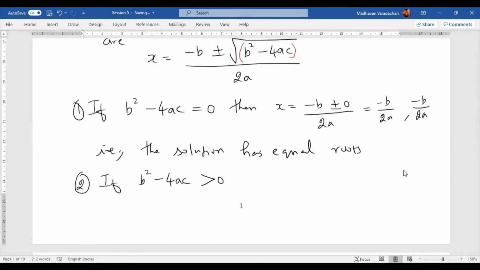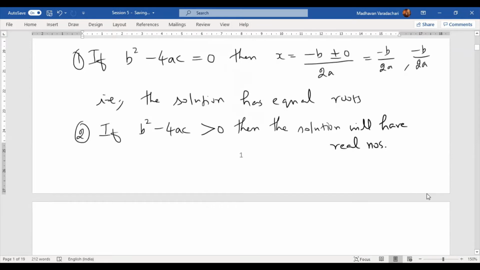So I can say the solution will have real numbers. I mean, you will get a proper real number only.